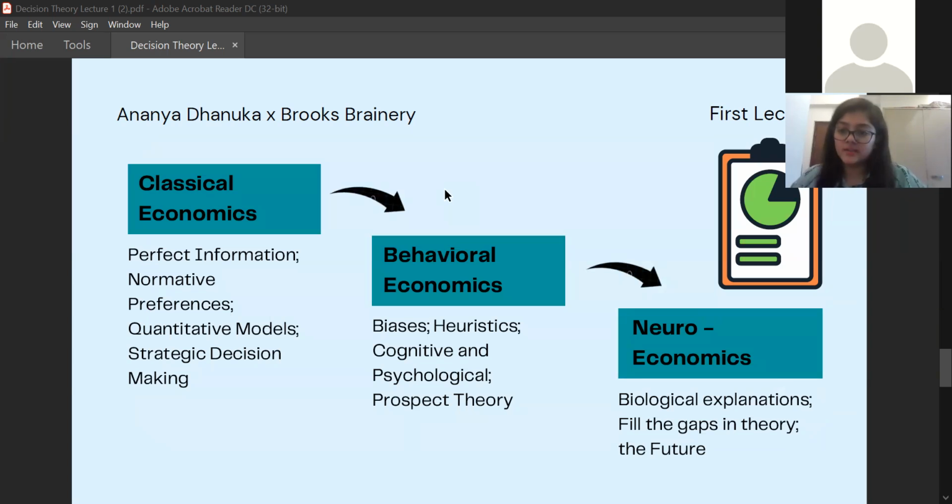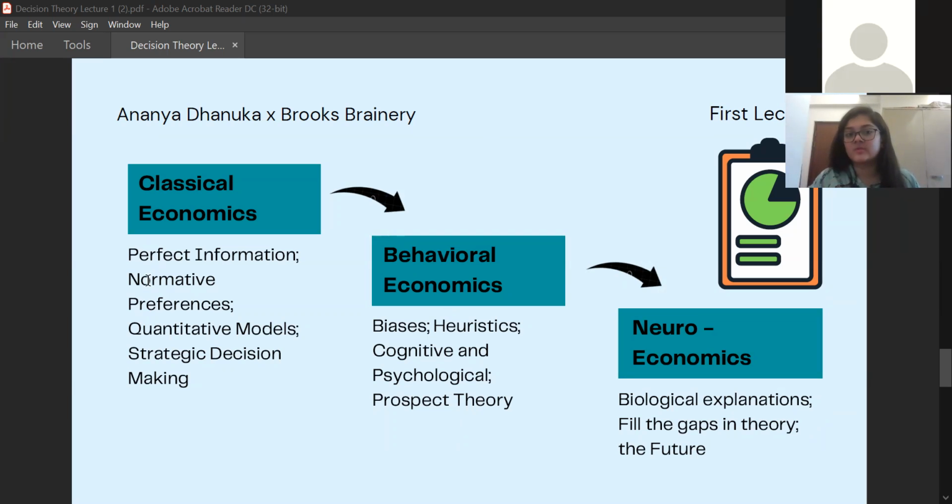Okay. Here I'm just going to talk about the structure that we're going to follow for this course. So naturally, the way it's formed is talking about classical economics. Now, classical economics is a very wide definition, right? Classical economics also is a field in macroeconomics. There's a certain set of economists in macroeconomics who are also referred to as classical economists.